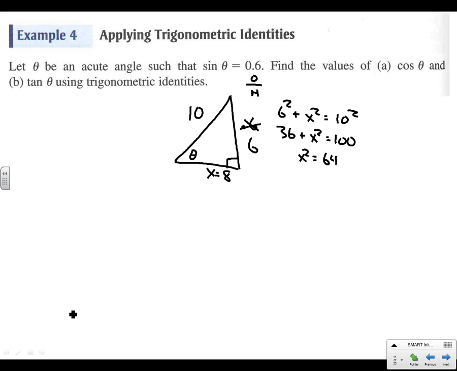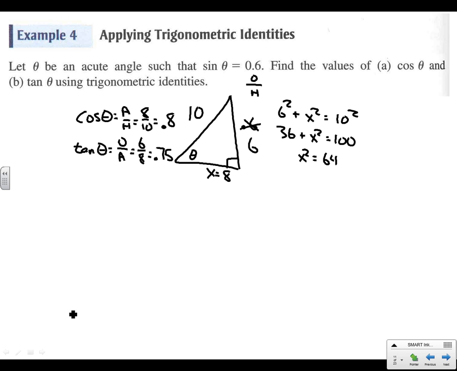We've got all three sides, so now we can figure out the cosine, which is adjacent over hypotenuse, which is 8 over 10, which is 0.8. And we can figure out tangent, which is opposite over adjacent, so that's going to be 6 over 8, or 0.75.